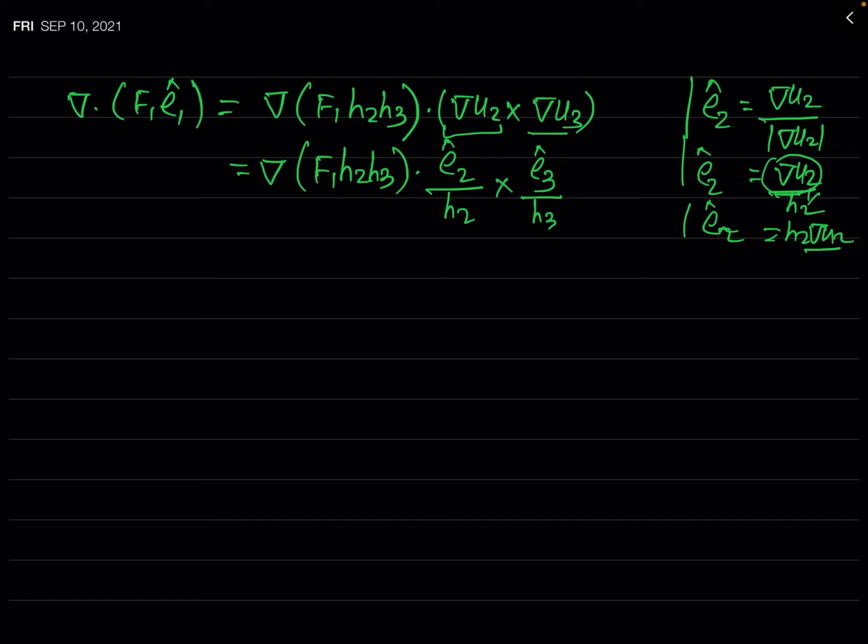Now, in orthogonal curvilinear coordinate system, you know e2 hat cross e3 hat is equal to e1 hat.